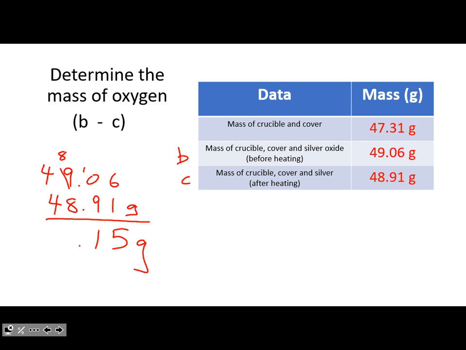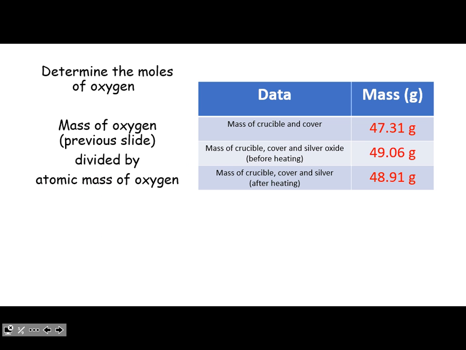My mass of silver is 1.60 grams. Now it says determine the moles of oxygen. The mass of oxygen from the previous slide, which was 0.15 grams, divided by the atomic mass of oxygen. So I need to get on my periodic table and say, okay, what is the atomic mass of oxygen?